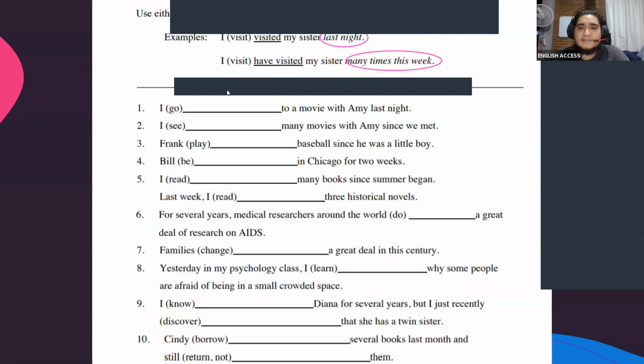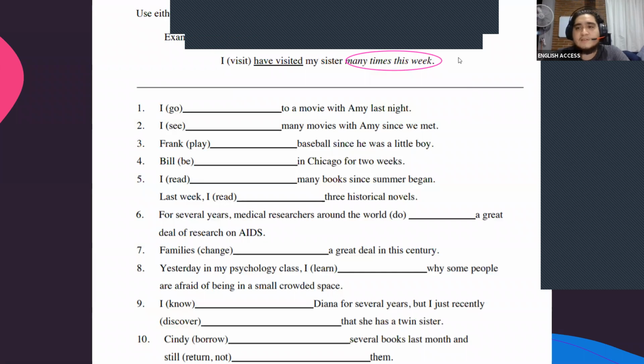Take 5 minutes to do it. If you need more time, just let me know. Okay, teacher. Thank you. Okay, go ahead. I'll be right here.